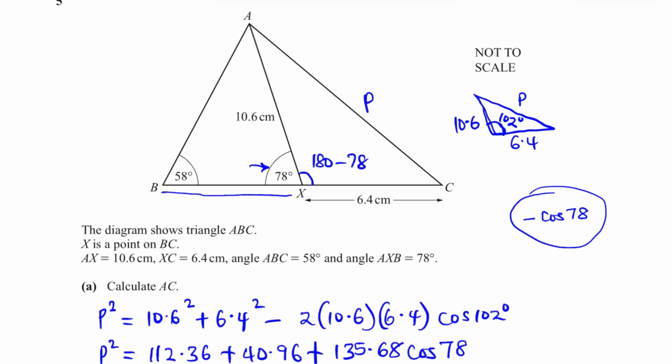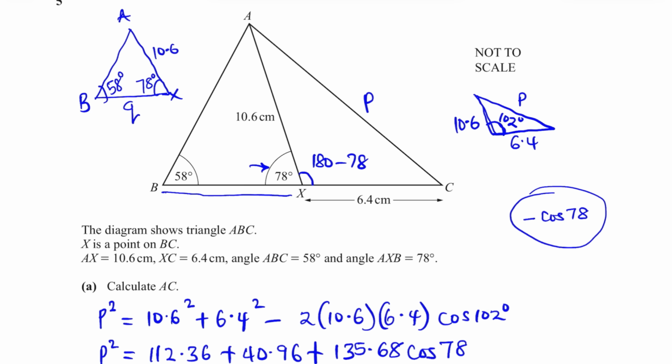If I draw that out just the same way I drew out the other triangle, here is 58, which is given. Here is 78, which is also given. Now we are looking for this. Let's call this Q. I'll call this ABX as written. Here is also given as 10.6 centimeters.